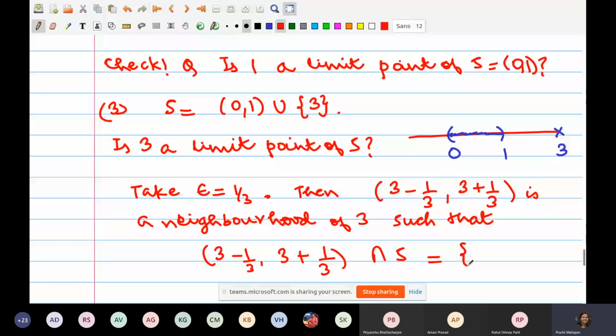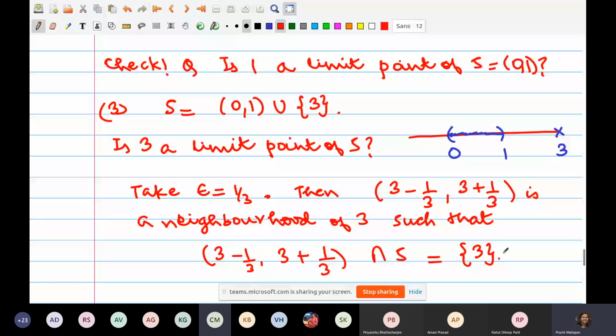So here I have been able to find a neighborhood of the point 3 which contains no other point of the set S besides the point 3 itself. Conclusion: 3 is not a limit point of the set S in this example.